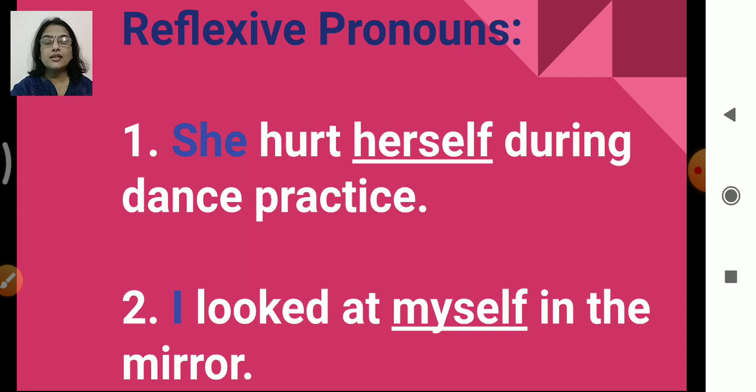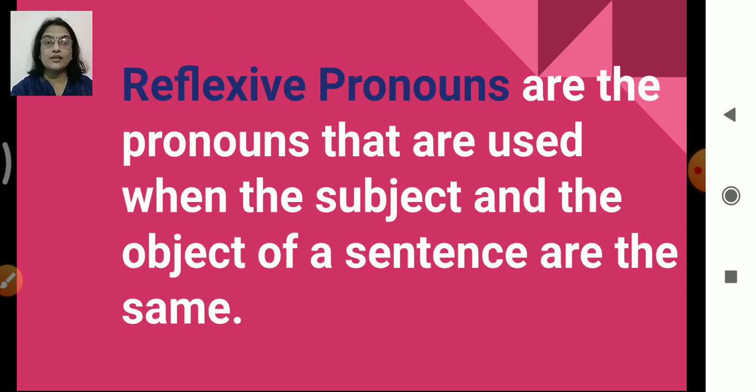to the subject, isn't it? She hurt herself. I looked at myself, isn't it? They are referring to the subject. Herself is talking about she, myself it is I, isn't it? So these words, the underlined words, are called reflexive pronouns. Now what are they? They are the pronouns that are used when the subject and the object of a sentence are the same.